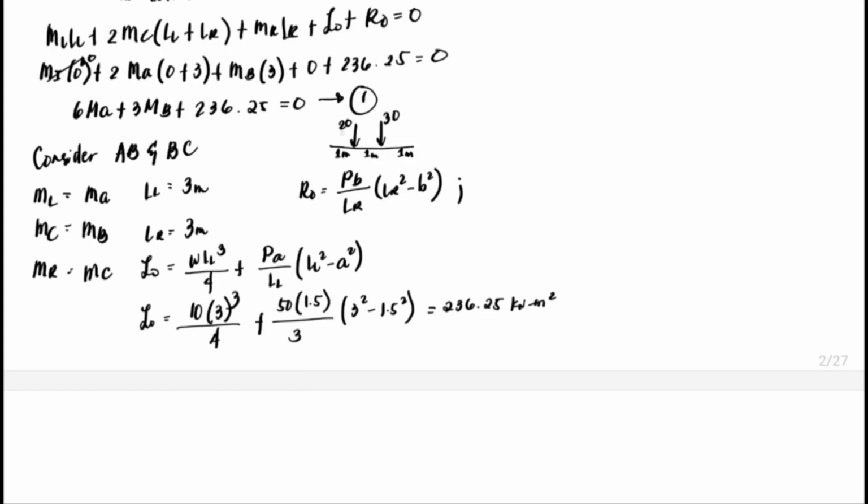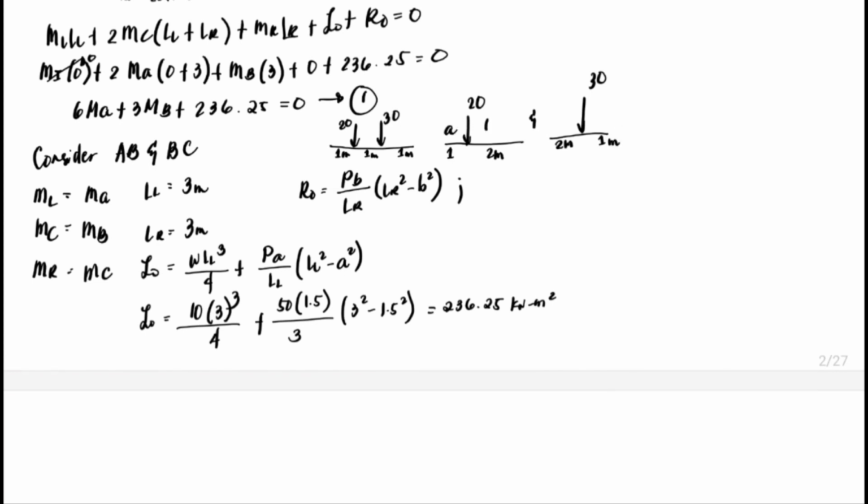Meaning, start muna tayo sa first concentrated load. Kung yung first concentrated load natin ay 20, we have here 1 on your left side. Syempre, yung remaining is 2 meters. And, yung isa naman po na load natin is 30. So, we have here 1 plus 1 sa left side and then 1 meter on the right side.